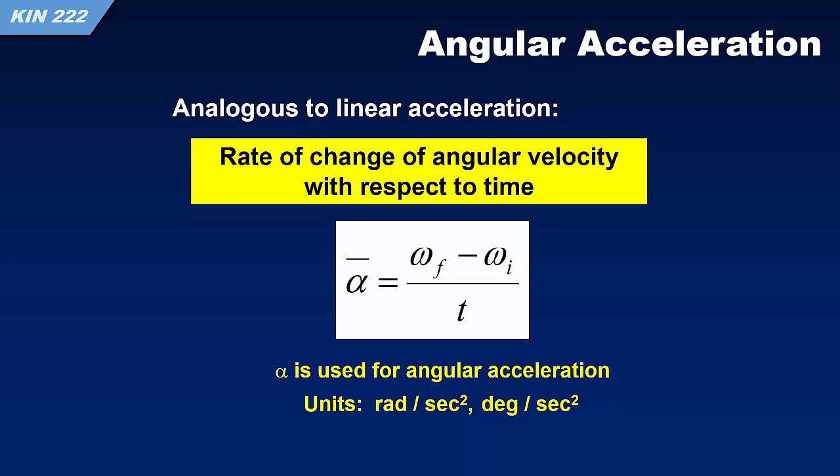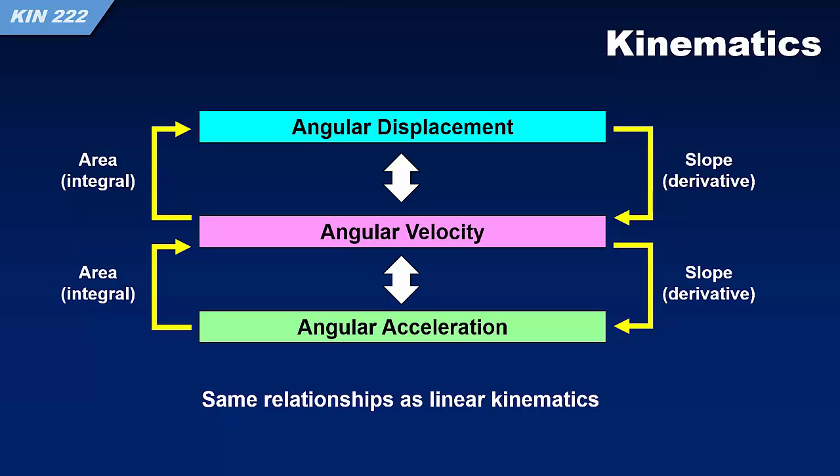And again, typically the units are either radians per second squared or degrees per second squared, and occasionally revolutions per second squared, but usually it's just either radians or degrees per second squared. So as you can see, the relationships between displacement, velocity, and acceleration for angular motion is exactly the same as the relationships that we had for linear motion.